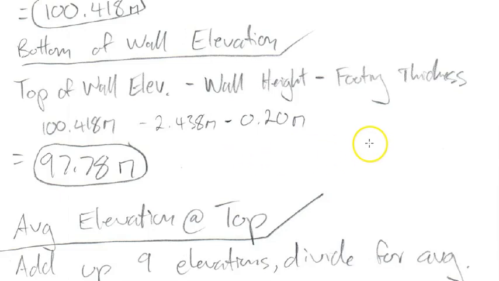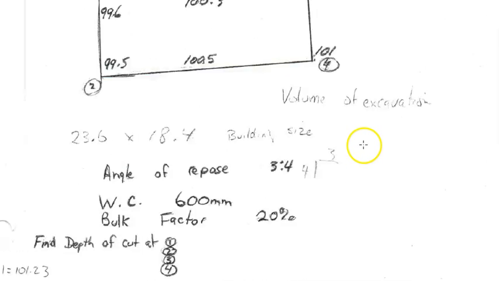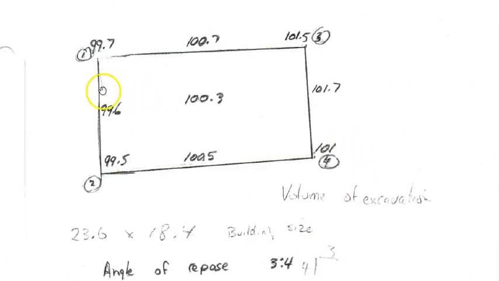A couple other things having to do with elevation here. The sheet is asking you to figure out the average elevation at the top of the excavation. Okay, we need that to figure out our depth of cut. So we're going to take these 9 values. This corresponds again with D line. You would have set up your instrument, shot back to the benchmark, figured out your height of instrument, and then you would have taken rod readings at these 9 locations.